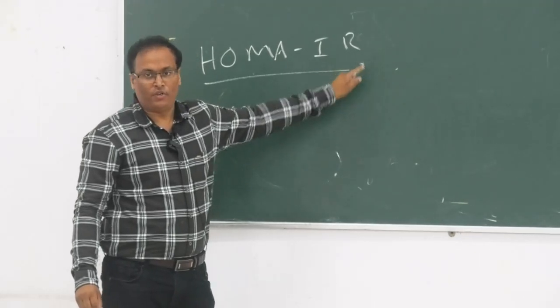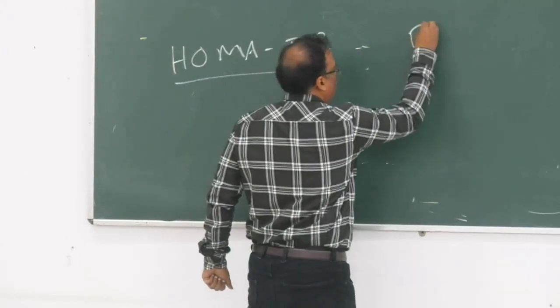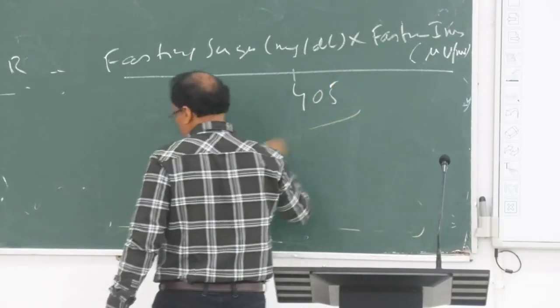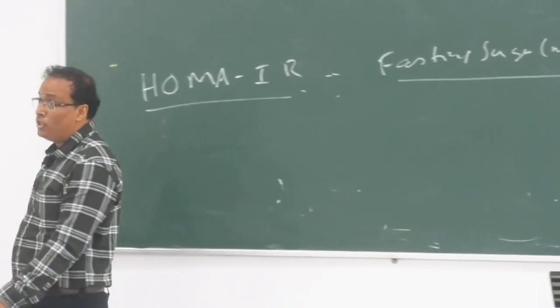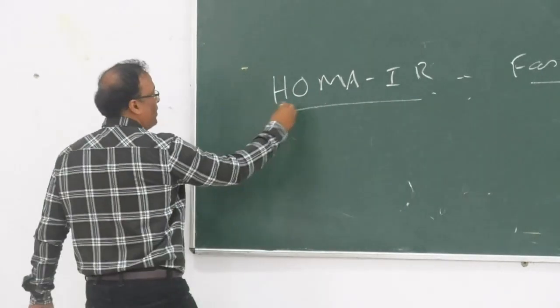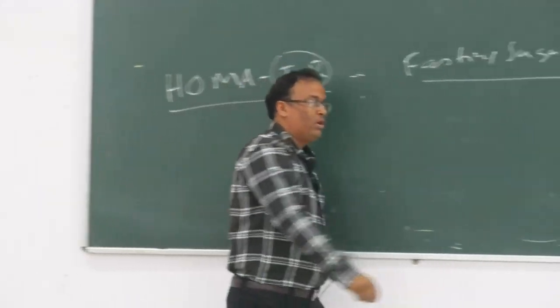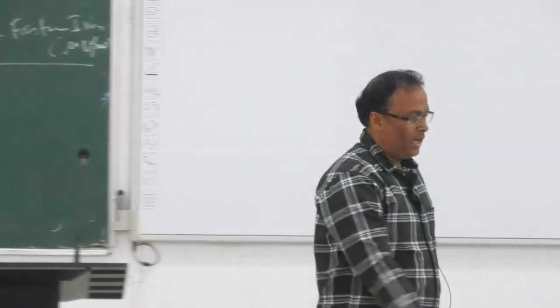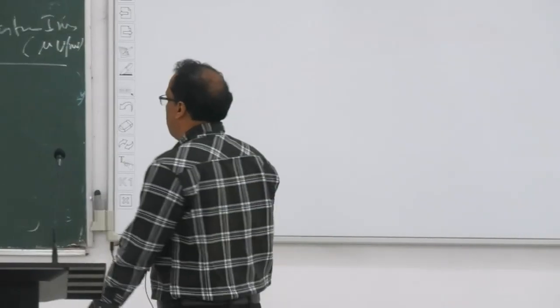How is it done? It's a formula using fasting sugar and fasting insulin, the HOMA IR, for detection of insulin resistance. So insulin resistance nowadays we can calculate in your family members. It is easy to do, no problem.